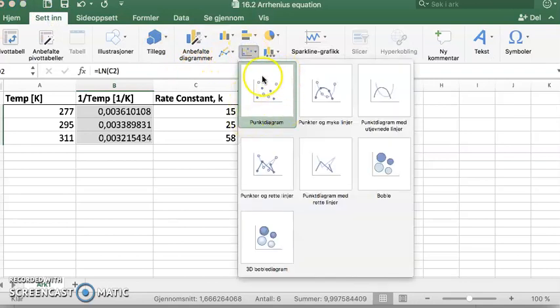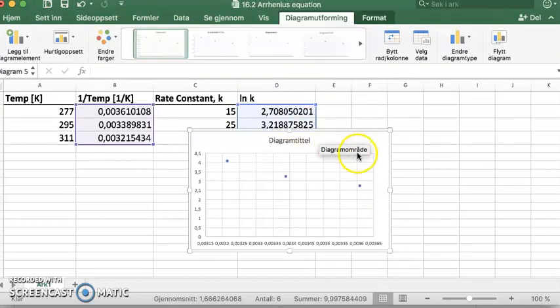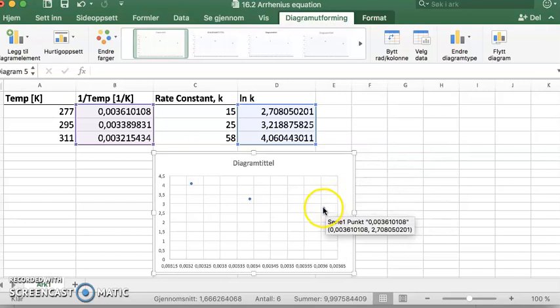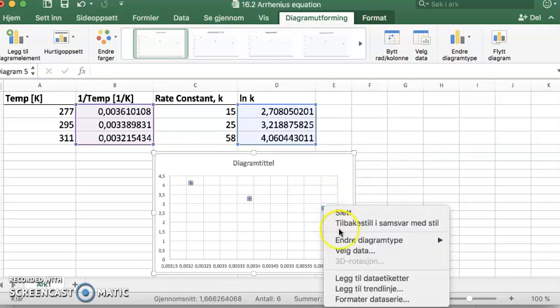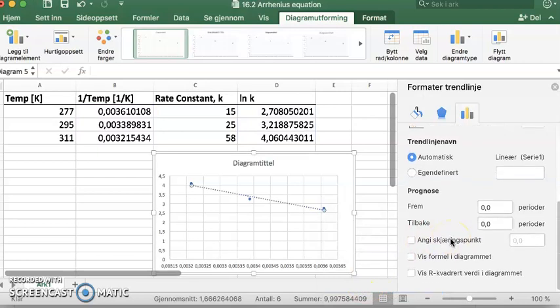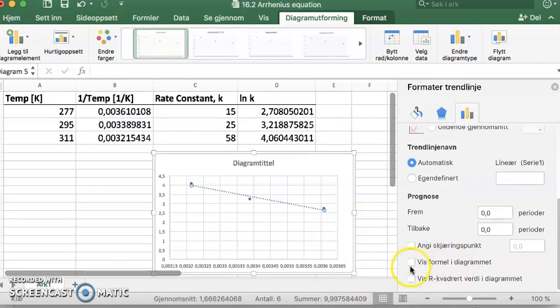We press this dot diagram. And what we want to have now is that we want to make a trend line. So you click on these dots, you add a trend line, and we want to have the formula as well. So show formula.